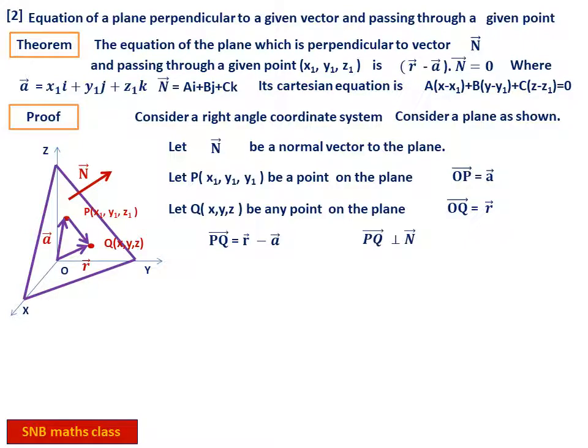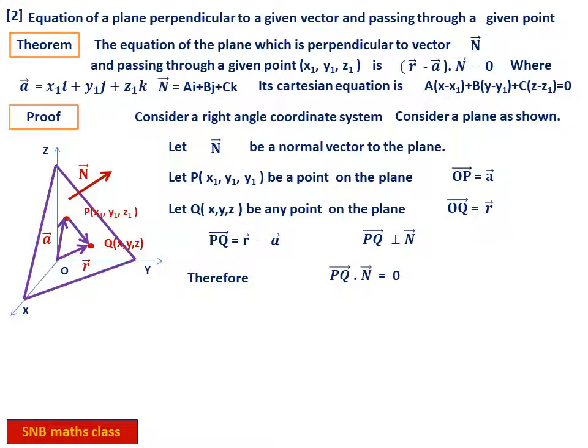Now PQ vector which is on the plane is perpendicular to n because n is by definition a normal vector. Normal vector means it is perpendicular to the plane. When the vector is perpendicular to the plane, it is perpendicular to the vectors contained in the plane also. Therefore PQ is perpendicular to n. Now what should happen? If two vectors are perpendicular, what is the condition?